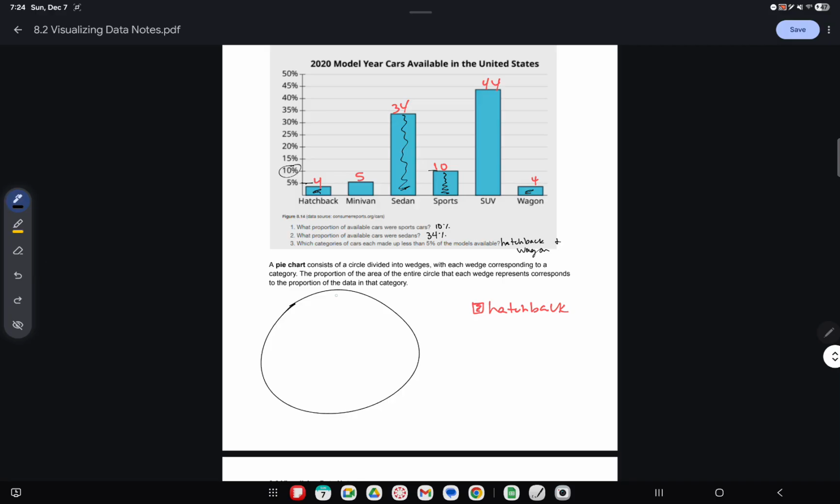I'm just going to draw the different ones. So let's see. 44 is under half. I'll try and draw it in half. So maybe like this. 34 is also under half. Half of half is 25, so it's more than that. I'm trying to make it look less.